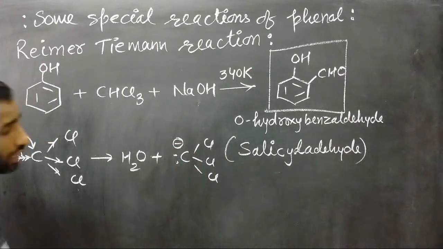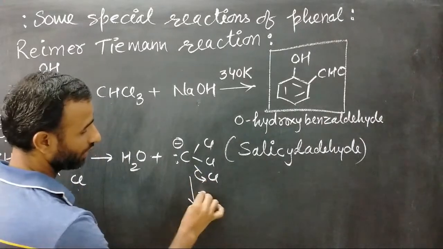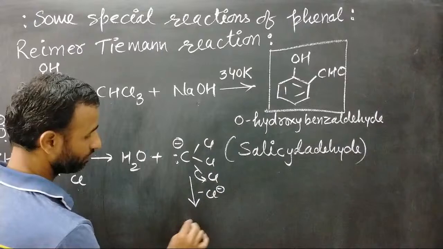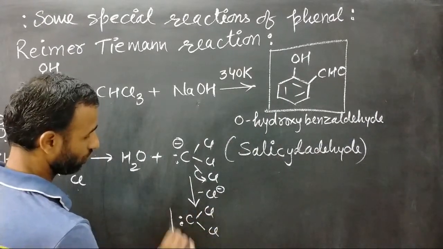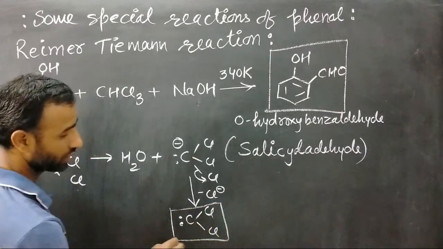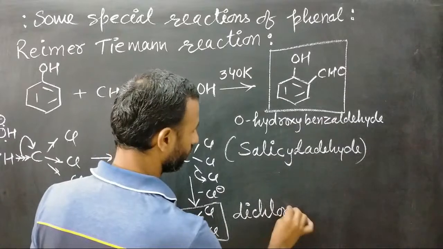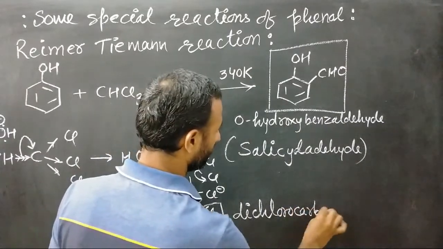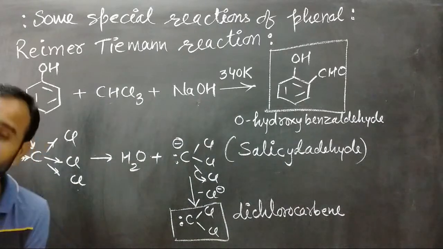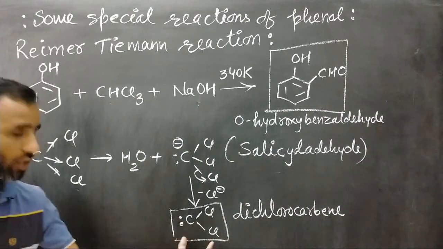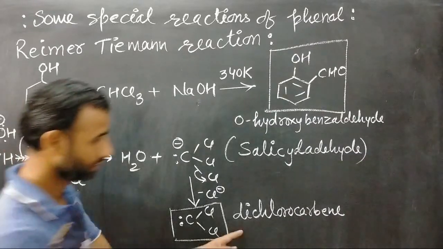Now, from this anion, Cl negative ion is easily removed, and we get dichlorocarbene. This dichlorocarbene is the reaction intermediate.